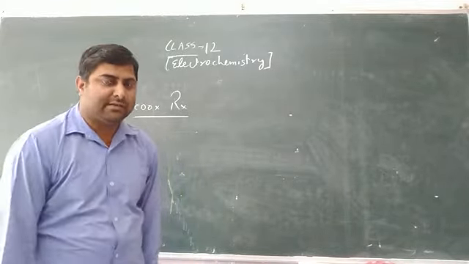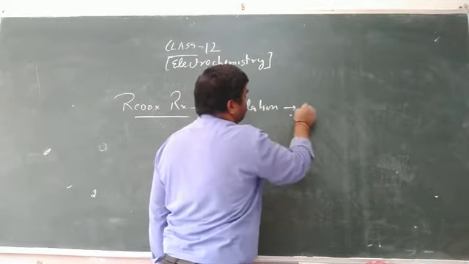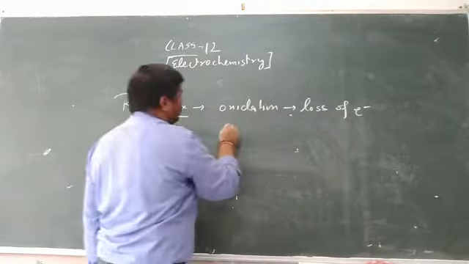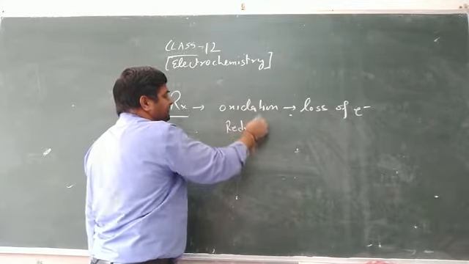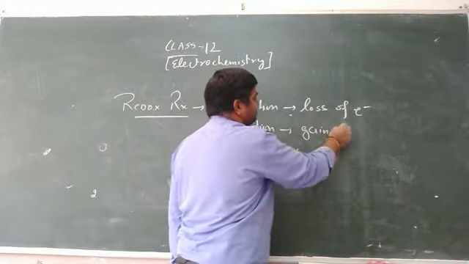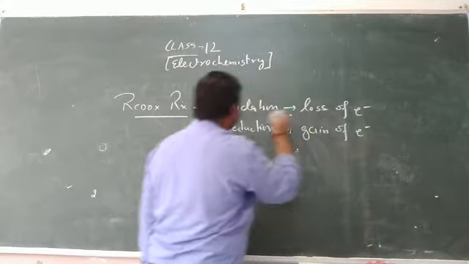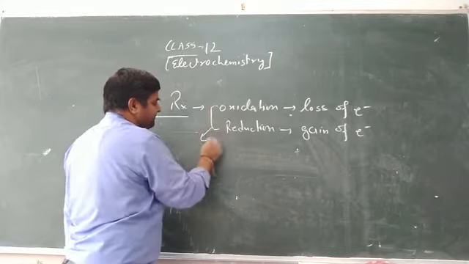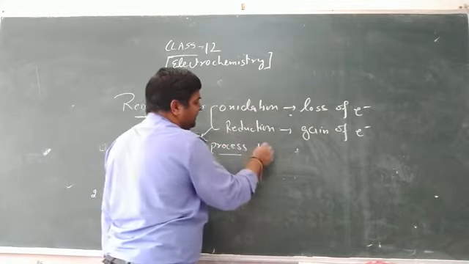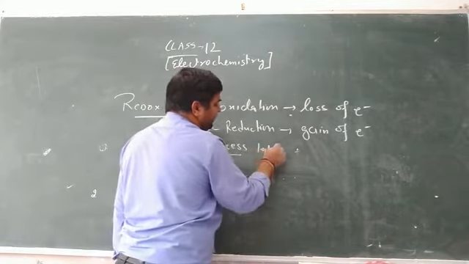So oxidation means loss of electrons and reduction means gain of electrons, and both the processes take place simultaneously.